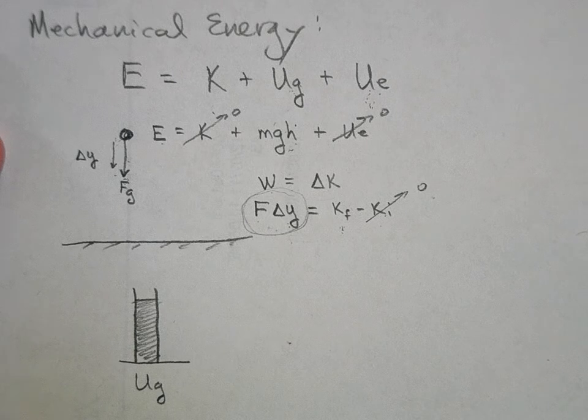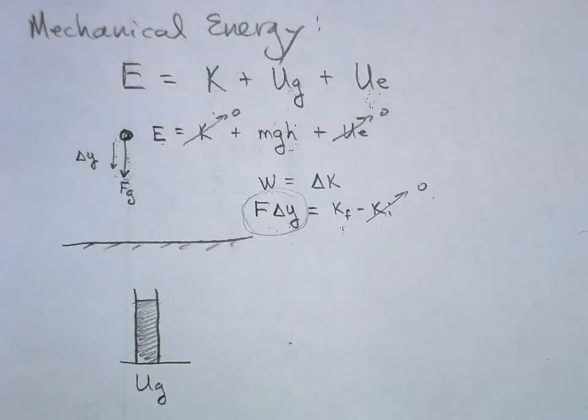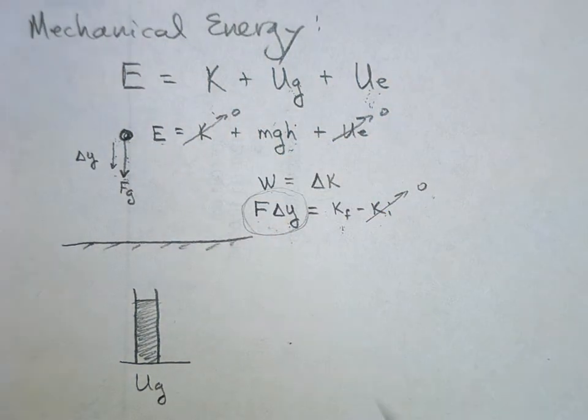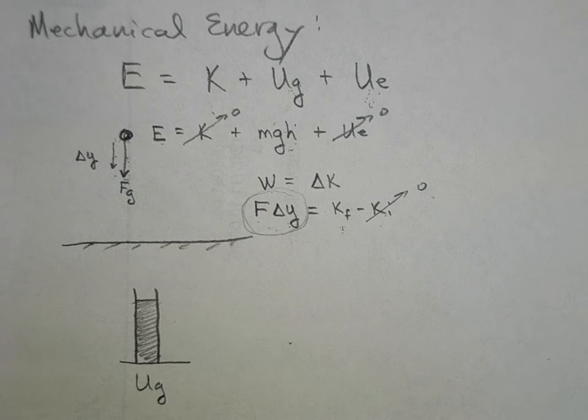And when gravity does work, gravity is saying, hey, I'm going to give you energy. I'm doing positive work on the ball because the force and displacement are in the same direction. So I'm going to give you kinetic energy, but somebody's got to pay the price. That energy has to come from somewhere, and where does it come from?